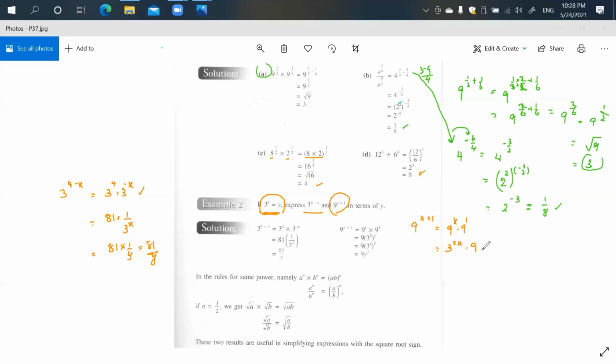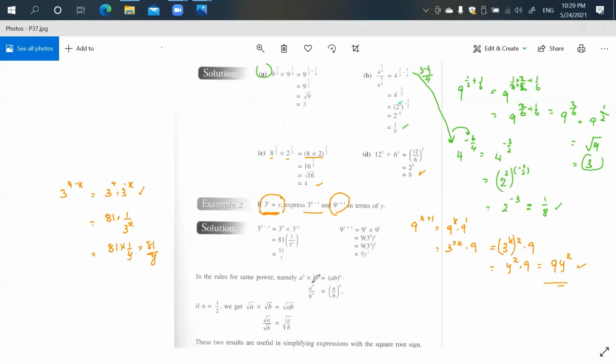Now 3 to the power of 2x I can write as 3 to the power of x squared, times 9. Since 3 to the power of x equals y, you replace it and it becomes y squared times 9. Now make it nicer: we always write the coefficient or number in front of the variable. So it becomes 9y squared. So that's the answer.